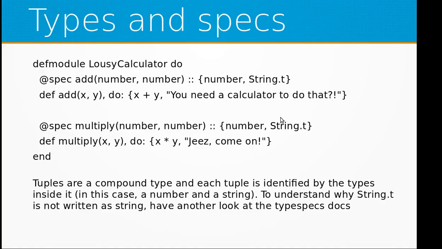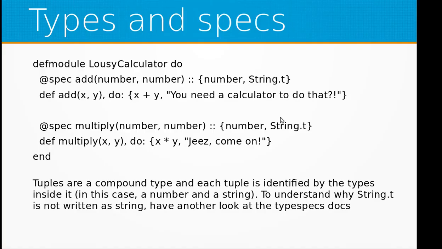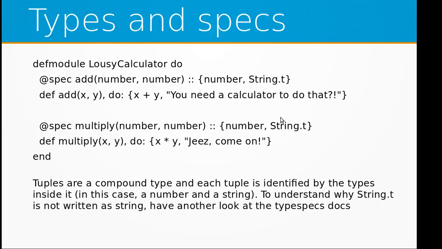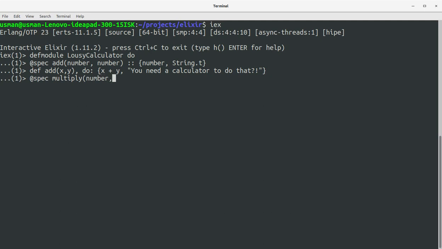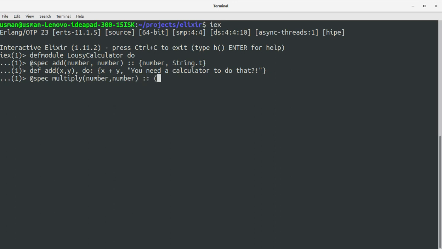That's a string we will be passing, and then we have the spec for the multiply function, @spec multiply(number, number), and the return type it will give is {number, String.t}.